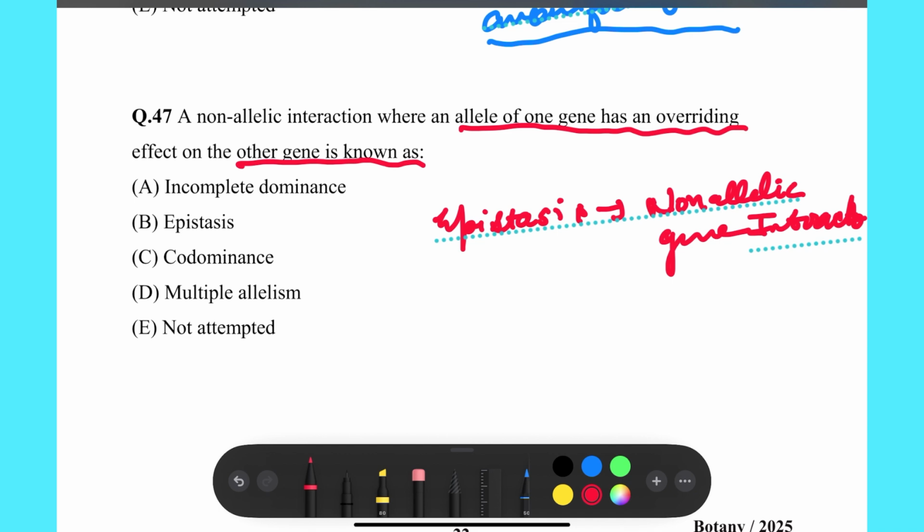In this, one gene masks or modifies the expression of another non-allelic gene. So the gene which masks the other gene is called epistatic gene, and the one being masked, that is the non-allelic gene, that is hypostatic gene, okay.